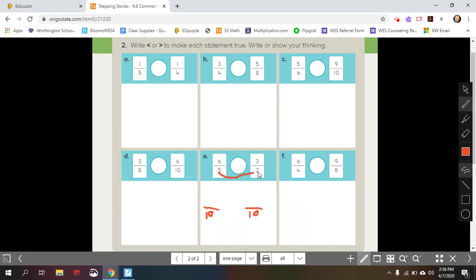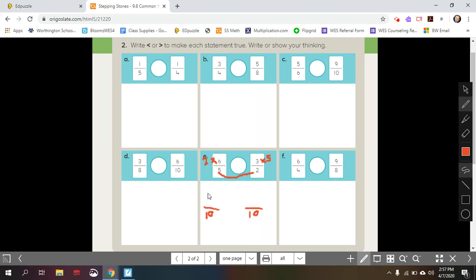So here I would have done 2 times 5, so that means I also have to multiply my numerator by 5. And then on the other side, I did 5 times 2, so I also have to multiply my numerator on this side by 2. And notice how all we're doing there is we're just doing the same thing to the top that we also did to the bottom to get it to change.